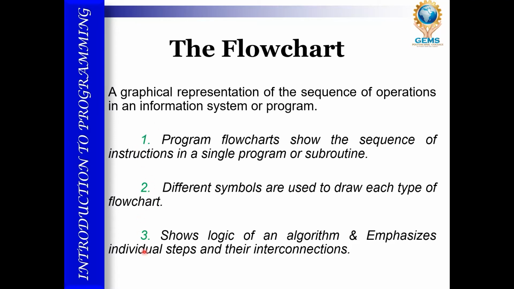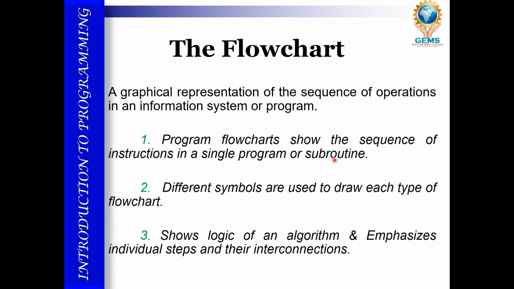We have 3 points here about the flowchart. We will see them one by one. A program flowchart shows the sequence of instructions in a single program or subroutine. That means in one program all the flowcharts will come in sequence.